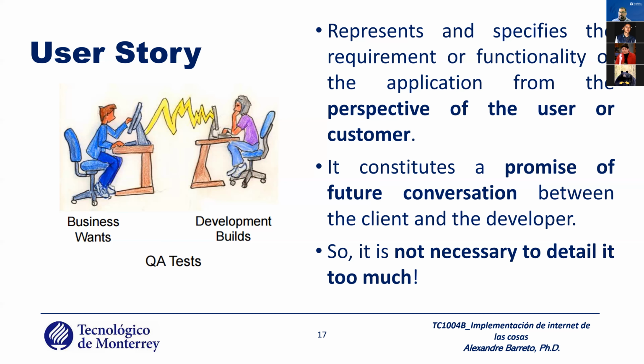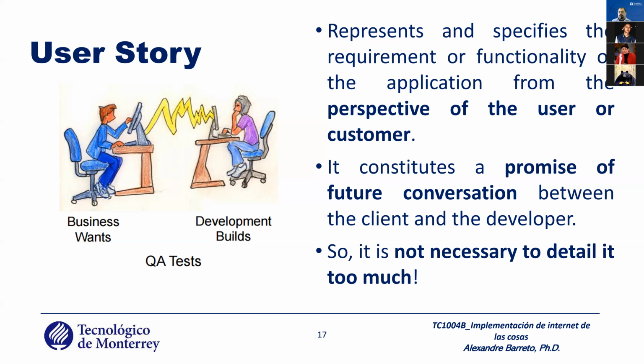The second is, the user does not know exactly what they want at the beginning of the project. As the developer needs to mature, the user also needs to mature the requirements, or what they want.